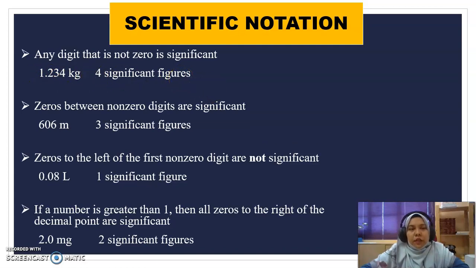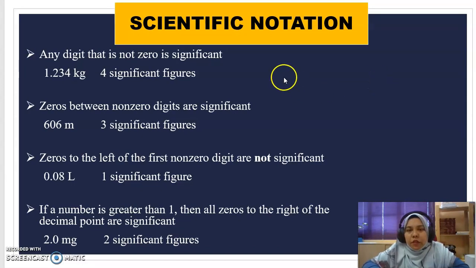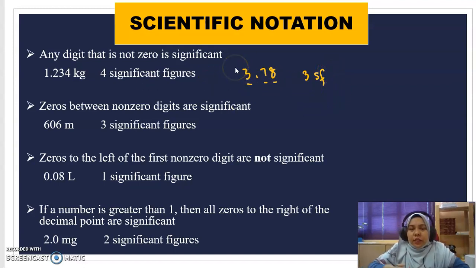Another example, 3.78, so 1, 2, 3, three significant figures. This is easy because any digit that is not zero is significant. But for a number that has a zero, you must consider whether it is significant or not.